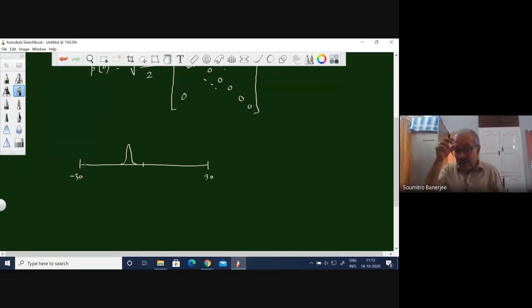Those who have worked out this particular problem, yesterday Gurpaul sent me a mail from which I could see that he has worked it out and he has noticed the problem. See, the way we wrote down the del 2 del x2 term was in terms of a numerical way of actually computing this. That takes into account the past value to the left side and the right side, and when you start the matrix, at that point you are unable to put what is there on the left side.